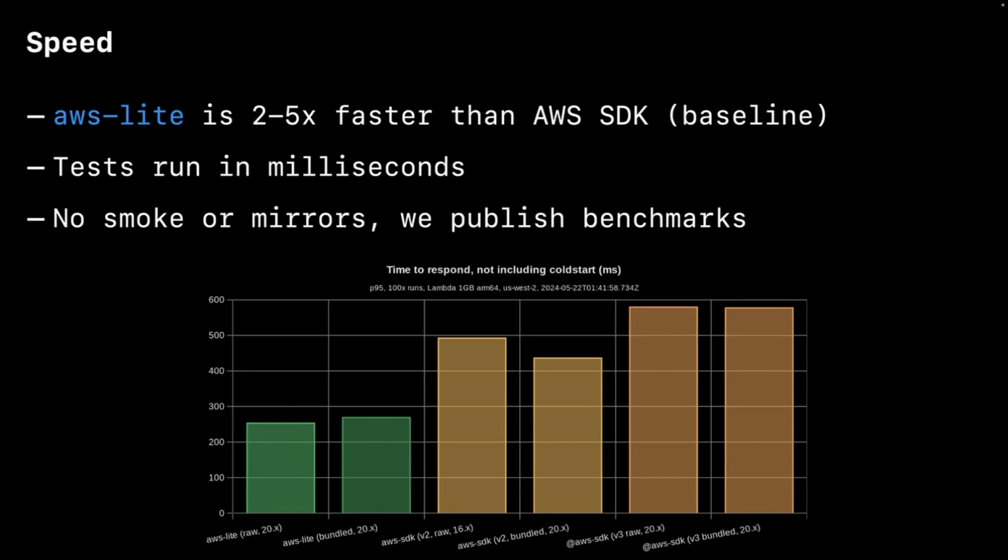In this chart, you can see the time to respond with a single DynamoDB round trip is about twice as fast with us. And one of the cool things about this is that it compounds. The more complicated your backend is in Lambda, the more time you will save using AWS-lite.